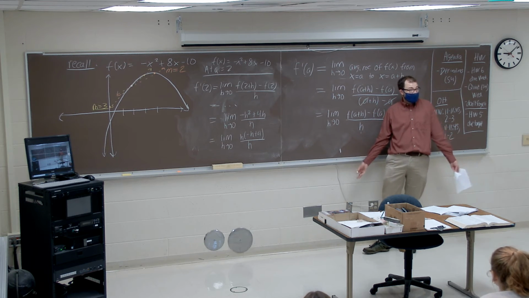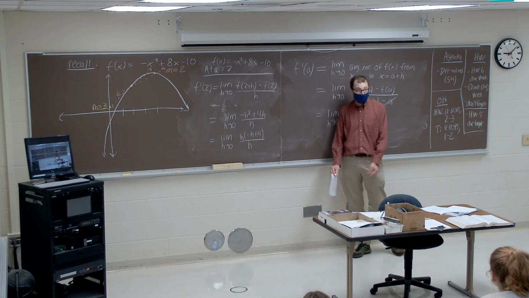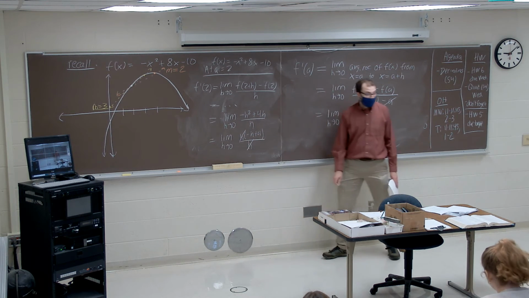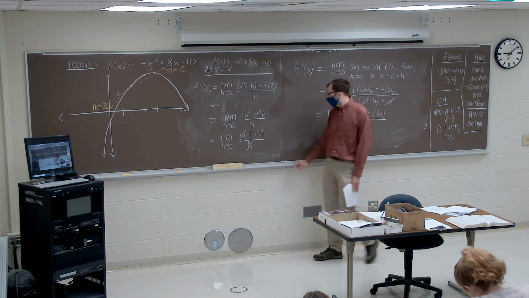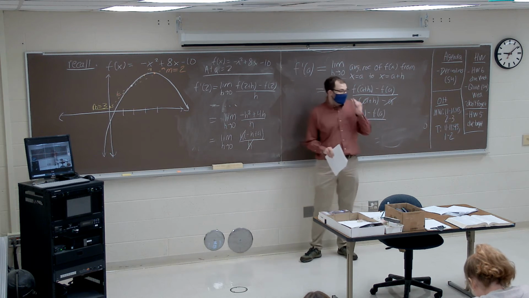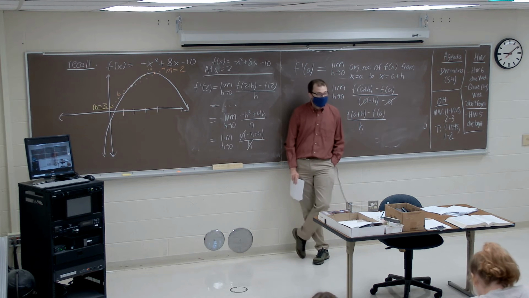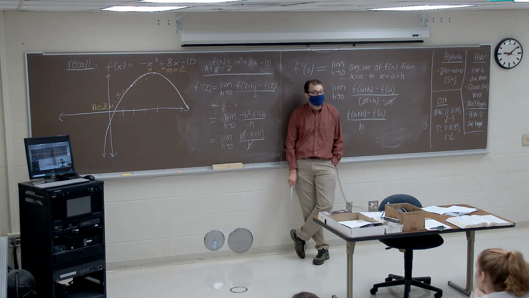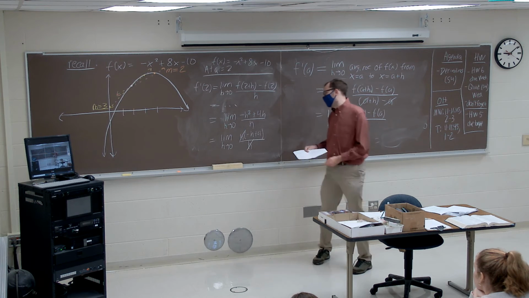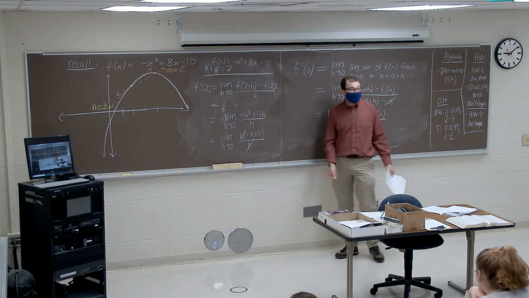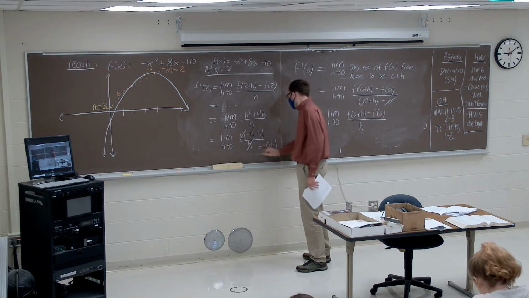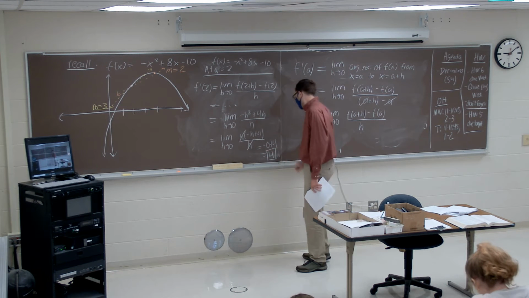And now, since we're taking a limit as h gets close to, but isn't equal to 0, we can give it the old swoosh swoosh. And say it's just the limit as h goes to 0 of negative h plus 4. And what's going to be our limit as h goes to 0 of negative h plus 4? Here we can just plug in 0 for h, since we're taking a limit, and get negative 0 plus 4 is going to come out to a positive 4.